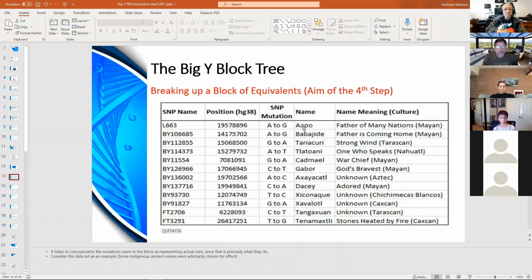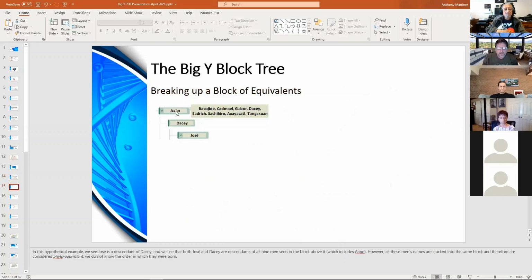But technically, it doesn't mean QL663 is the oldest one in this block, right? So this person is just representing the block as the head, but maybe he's not. We don't know yet. So these two folks are the descendants of all of these folks. There's this block of equivalence here. Okay. And so again, we call this phyloequivalent.